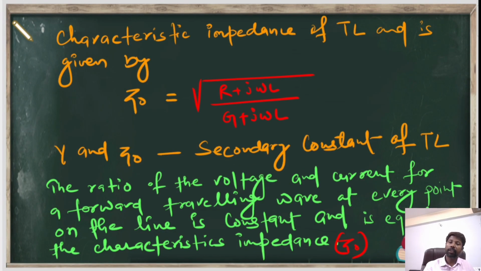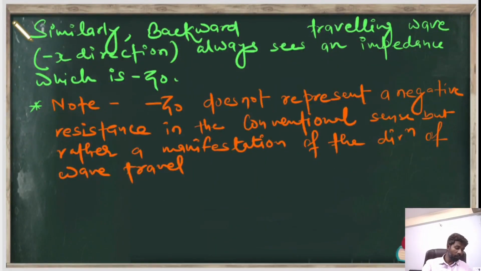The ratio of voltage and current for the forward traveling wave at every point on the line is constant, and this is equal to the characteristic impedance of the transmission line. Similarly, the wave traveling in the minus x direction always sees an impedance equal to minus Z0.